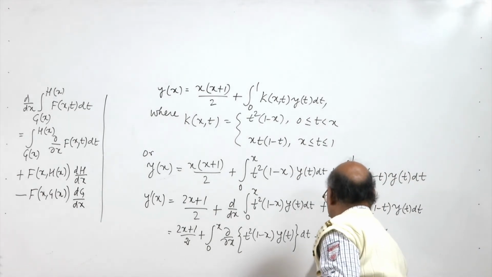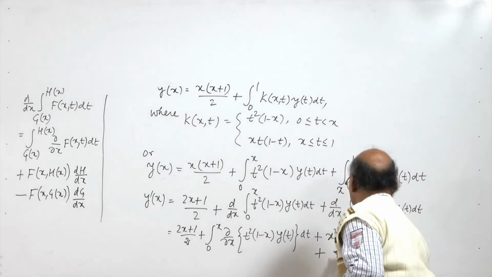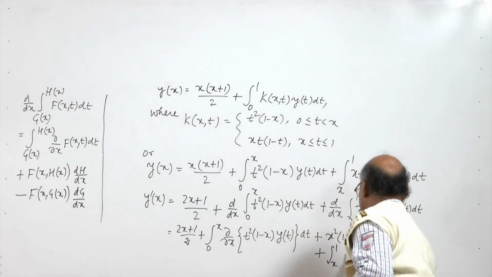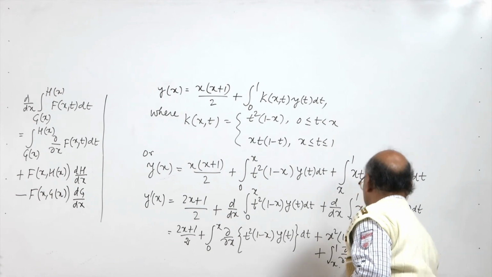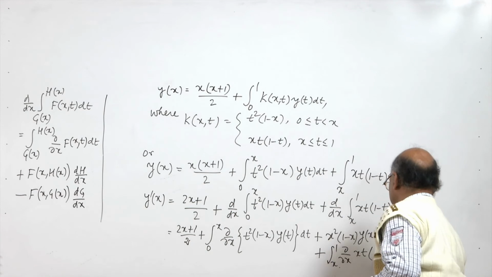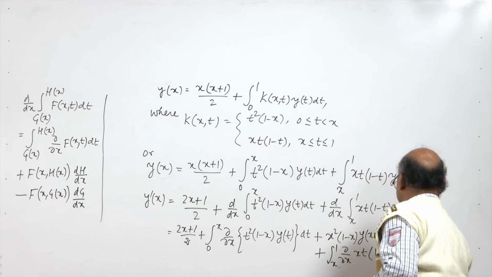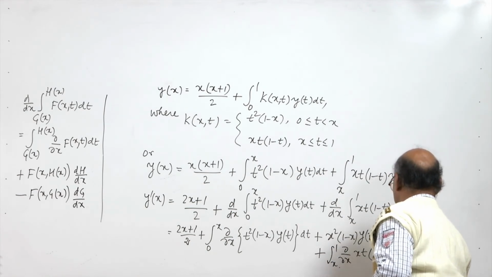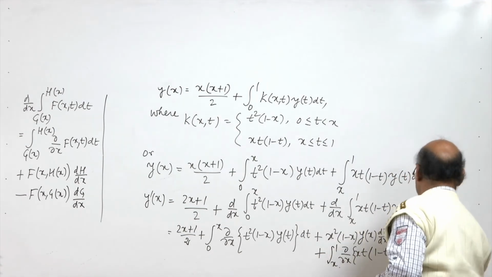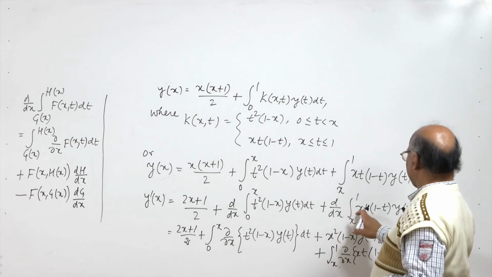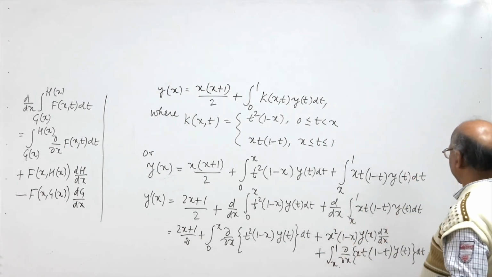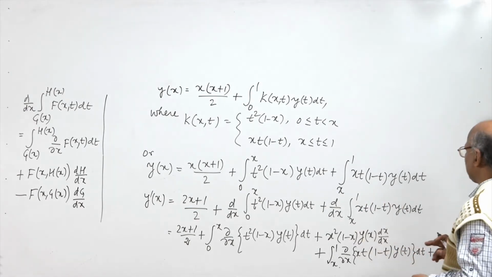Then we have the integral from x to 1, and we differentiate this with respect to x. So, x t into 1 minus t into y by t, plus, now we put t equal to 1 in the integrand, that is the upper limit, and differentiate 1 with respect to x.